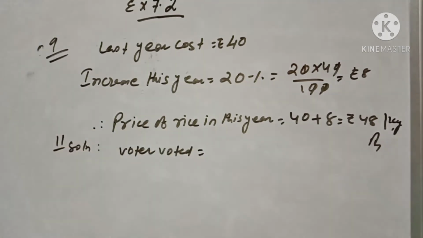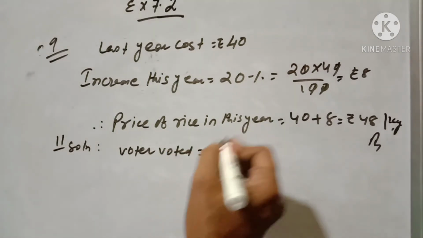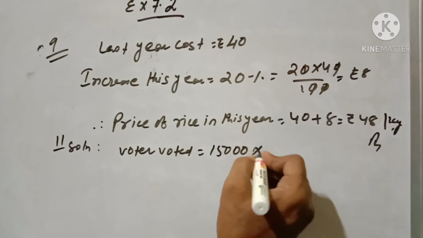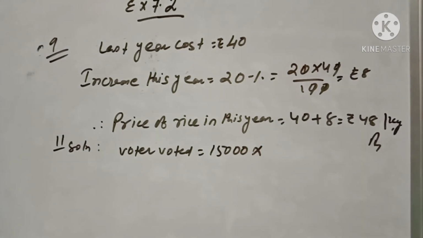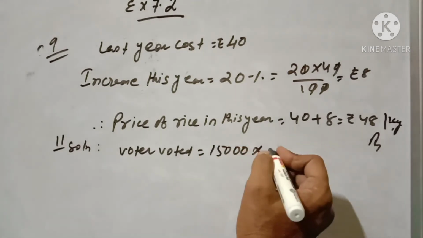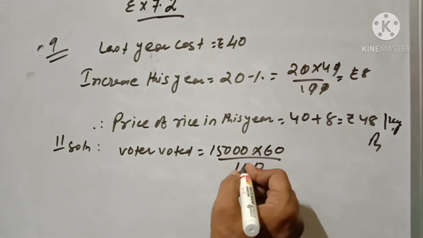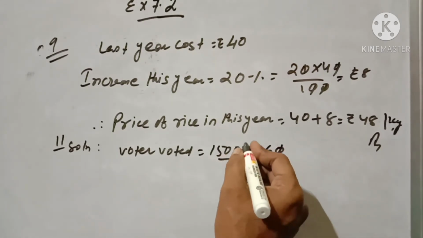That is what? 15,000 total voters. So 15,000 of, what is the percentage? The percentage is given 60, so that is by 100. Means this 0 gone, this is gone.